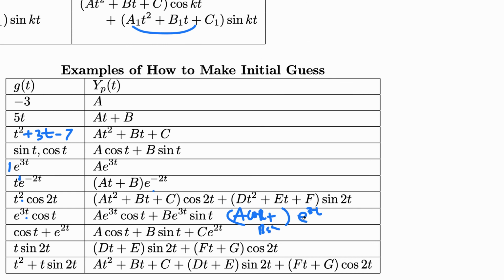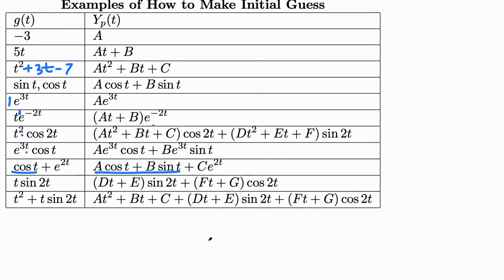In the same way, if we have, let's say, cosine t plus an exponential, so we've got two terms on the right hand side, cosine plus exponential, so we have to write for cosine a cosine plus b sine, plus for the exponential we just write a constant times the exponential.